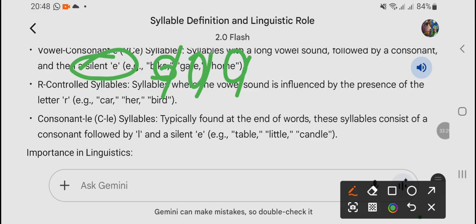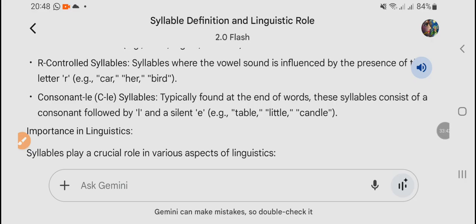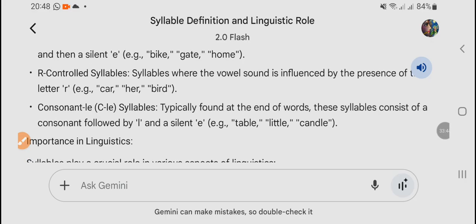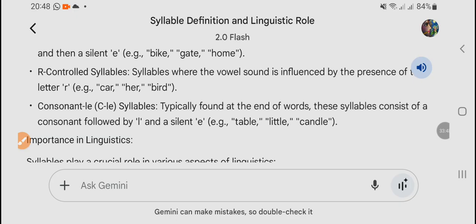Okay. Now, the next variety is the controlled syllable, meaning a syllable which is controlled by R. A syllable where the vowel sound is influenced by the presence of the letter R. Car, her. So R is dominating.